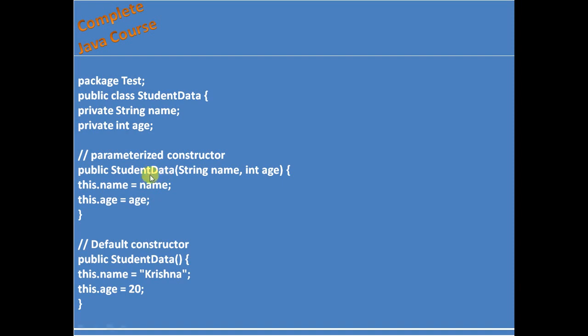So here is an example. Suppose we take a StudentData class, and we define two fields, name and age. For the parameterized constructor, the constructor name should be the class name: public StudentData, and we are passing two parameters, String name and int age. This.name is referring to the field name, and we are assigning the parameter name value to it.